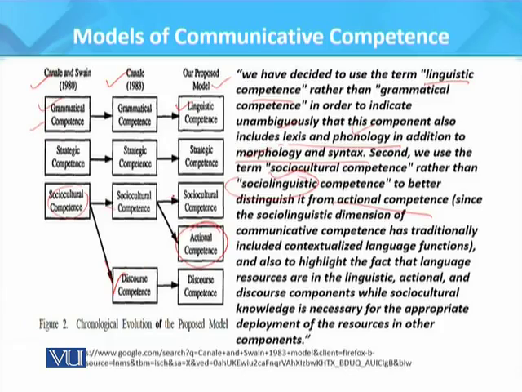They used sociocultural because it deals not only with the linguistic aspect but also the norms, values, and rules based on culture. And actional competence refers to performatives or actions that take place in a particular situation, which is why it was important that these two areas be presented distinctively.